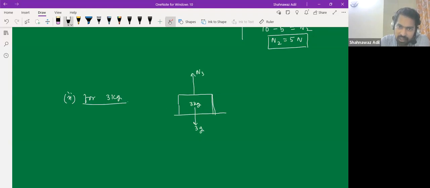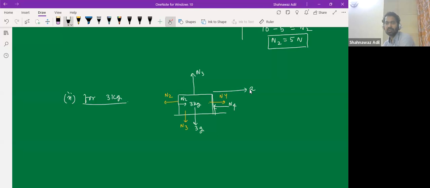Then this is N2, and then this is N2. Then we have this N, and this N4, and then we have this N, and then we have this X. Now you tell me, are these all the forces that we have?